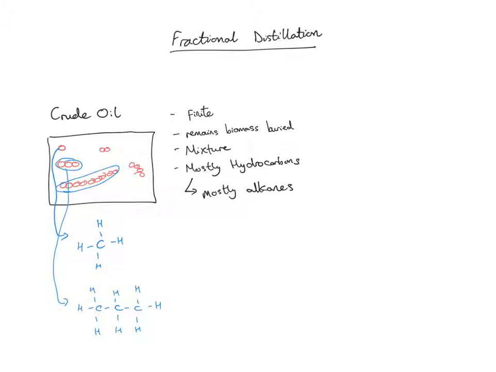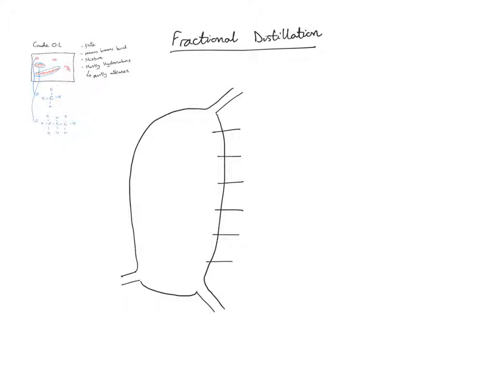Okay, so here we've got what we call our fractionating column, and this is going to be able to separate out the different compounds in crude oil based on the size of their chain, because that then has another property.